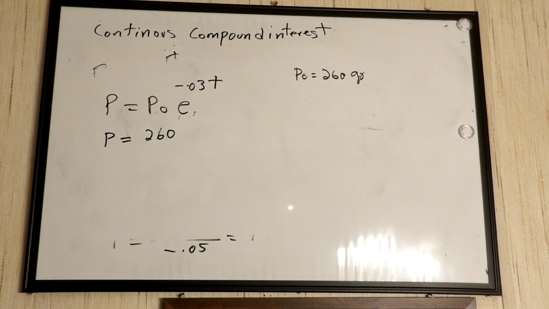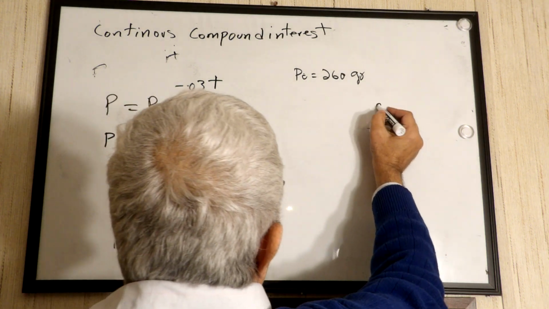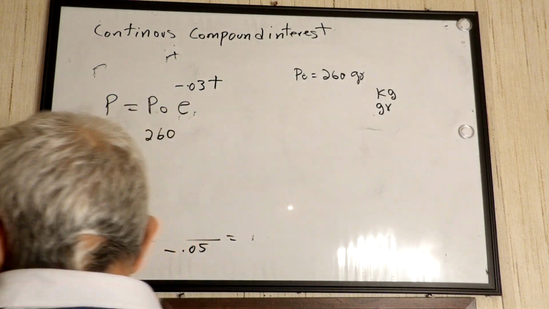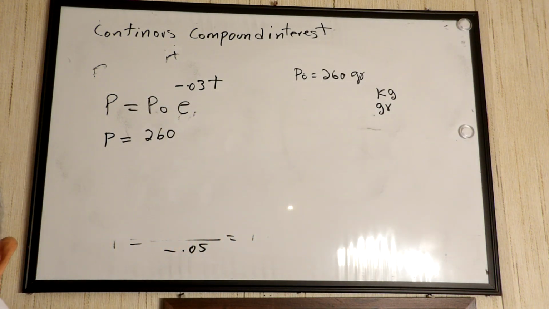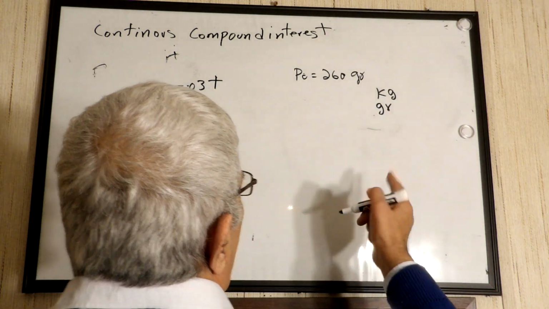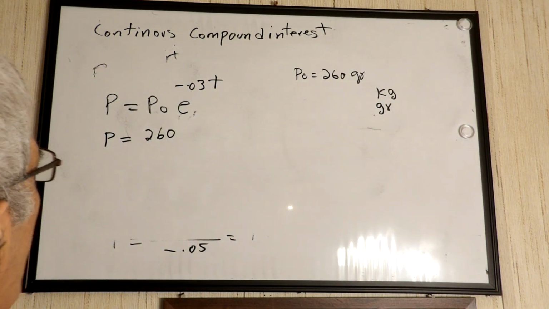You know, the units of weight: we can have gram, kilogram in the metric system, and we have pound in the English system.